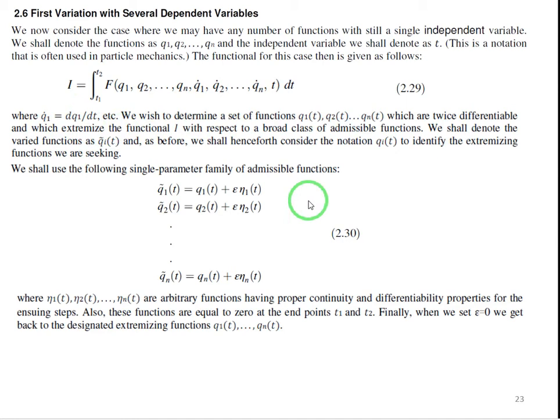Okay, we are going to use the same method as we have used in our previous sessions.